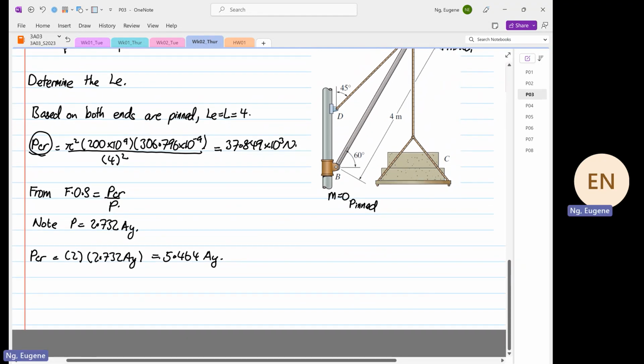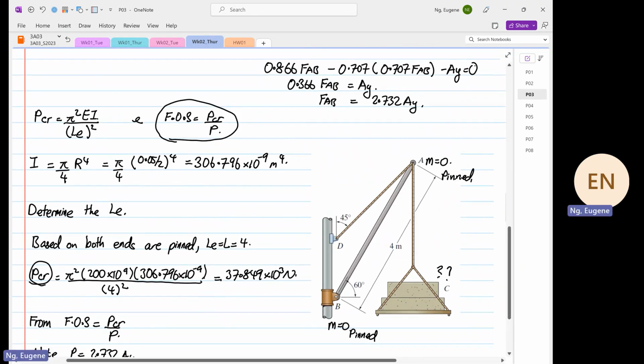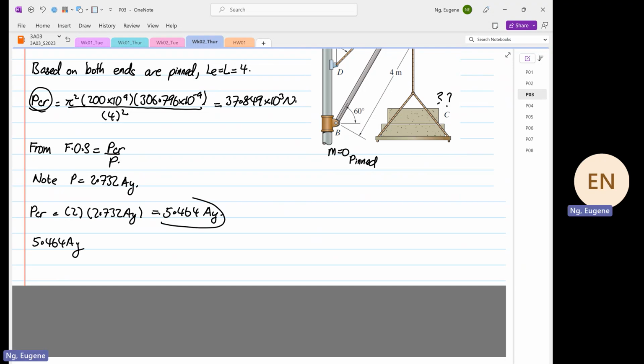The critical load we calculate over here is just based on how the structure is fixed. Then we have to relate to what is the load it can take over here. That's where the factor of safety comes in. So now we know the relationship where we can have 5.464 AY from this relationship over here, and this is equal to 37.849 times 10 to the power 3.